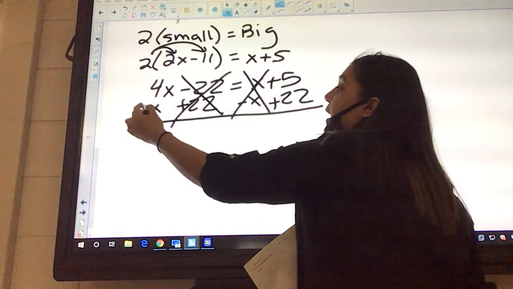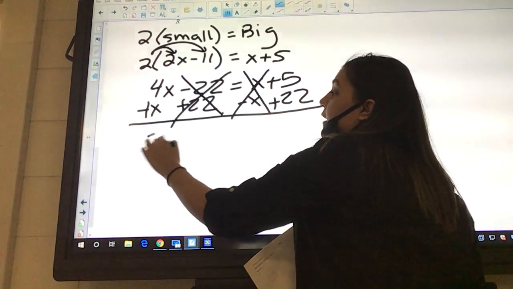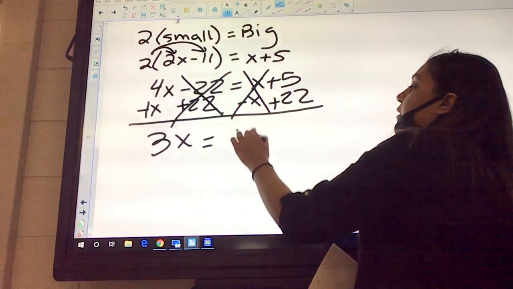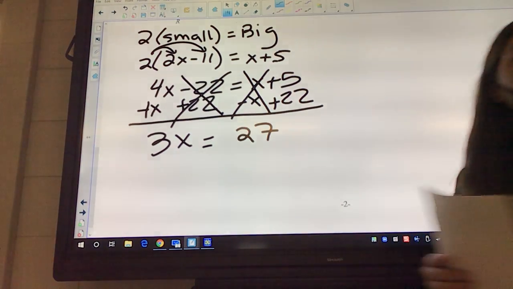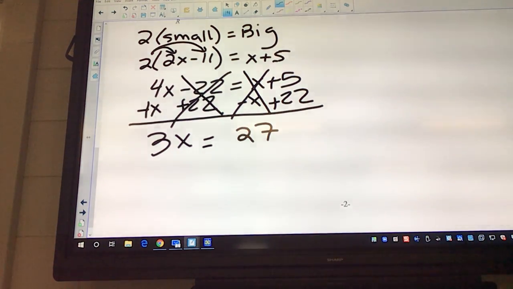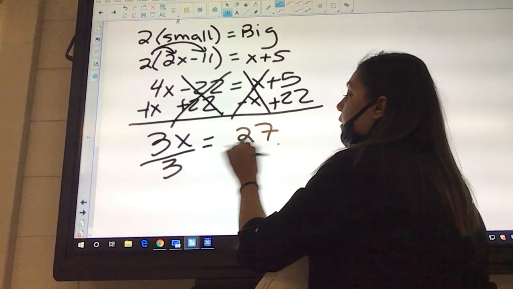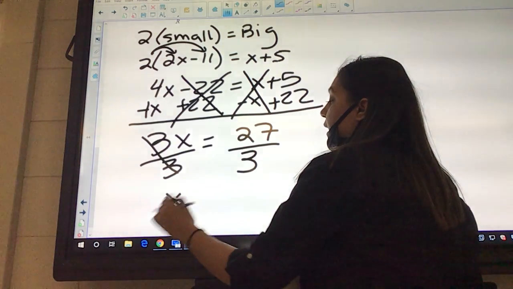So 4x minus, you could put a 1 in front of there, 1x is 3x. 5 plus 22 is going to be 27. And then our last step is always to divide. So we got x equals 9.